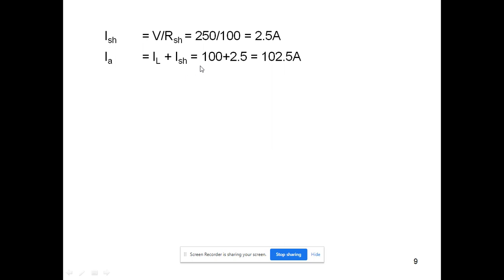The load current is 100 amperes plus the shunt field current, which we have already found to be 2.5. So 100 plus 2.5 is equal to 102.5 amperes, and the EMF equation is given as E is equal to V plus Ia Ra.